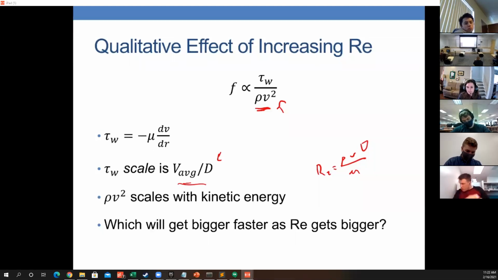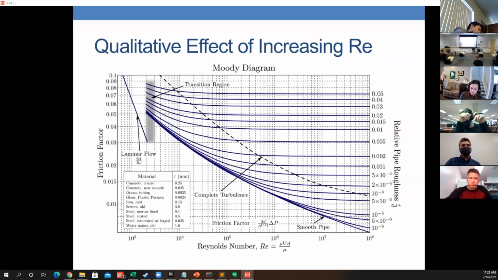So I just wanted to relate this back to the kind of thinking we talked about when we talked about dimensional analysis, and we said you can compare the scales of different things and how fast they get bigger or smaller. Does everyone remember how we did that? Anyway, just want to connect this back to that kind of thinking. And that's why when we look at here, we see that as Reynolds number gets bigger, the friction factor gets smaller. Anyone uncomfortable with that or have any questions?